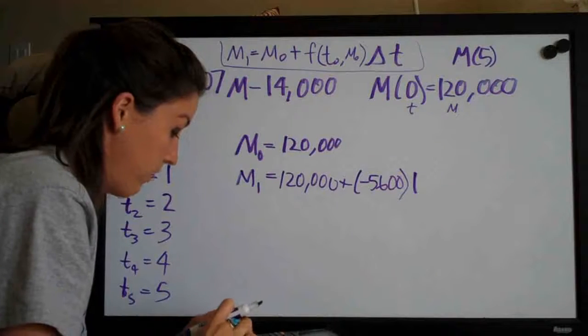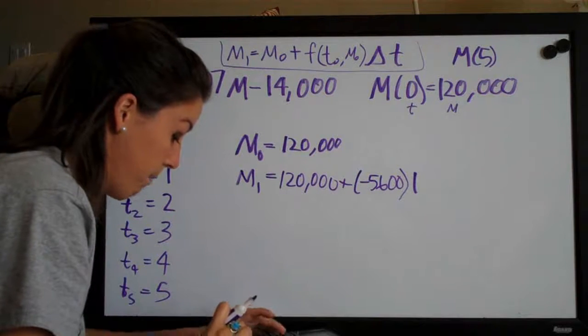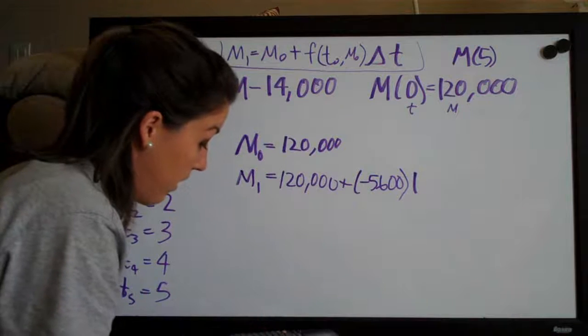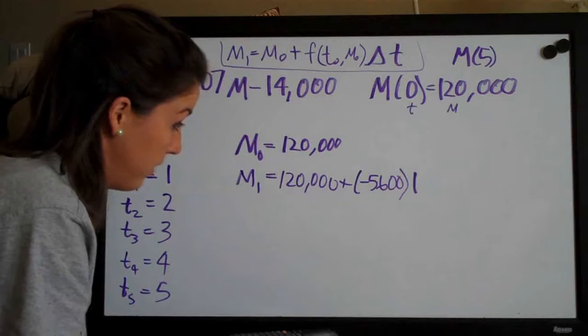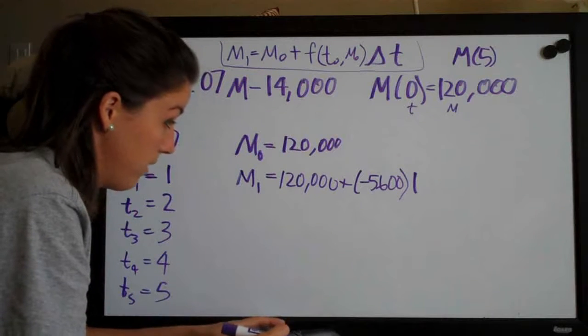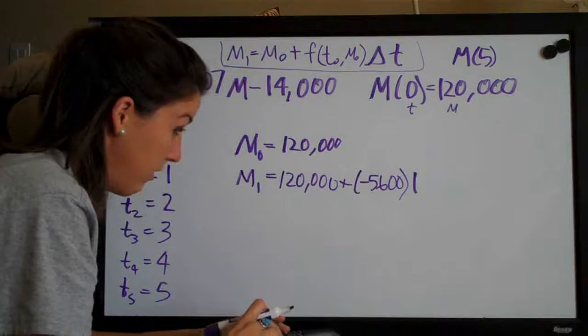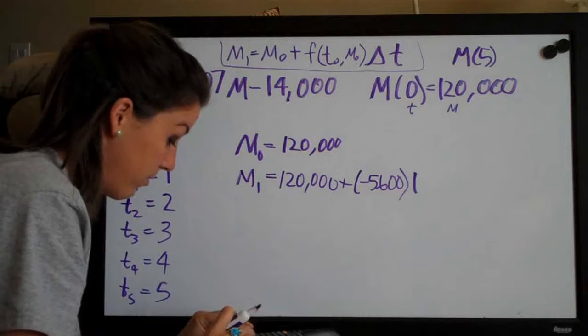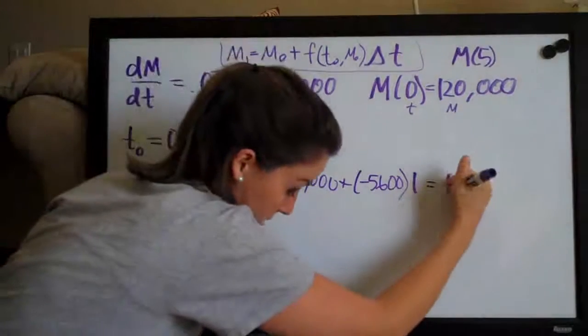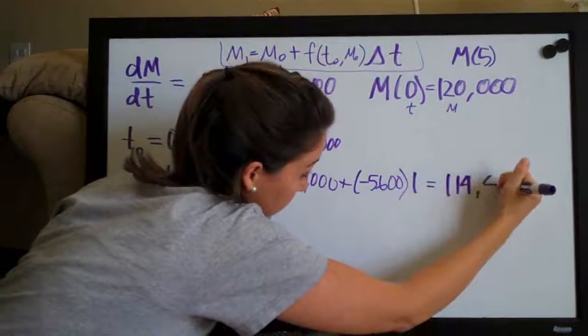So then we have 120,000 minus 5,600, sorry, I had a negative in there, so it's going to be 114,400 for m1.